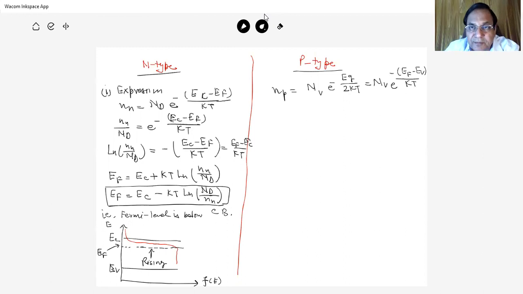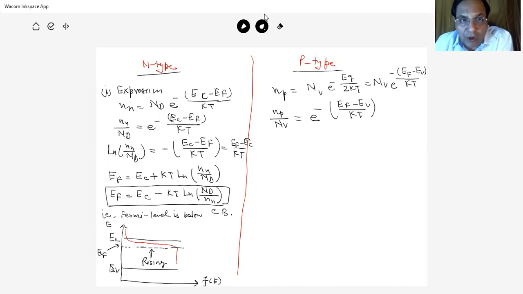So n of p upon Nv is equal to e raised to the power minus Ef minus Ev upon kT.